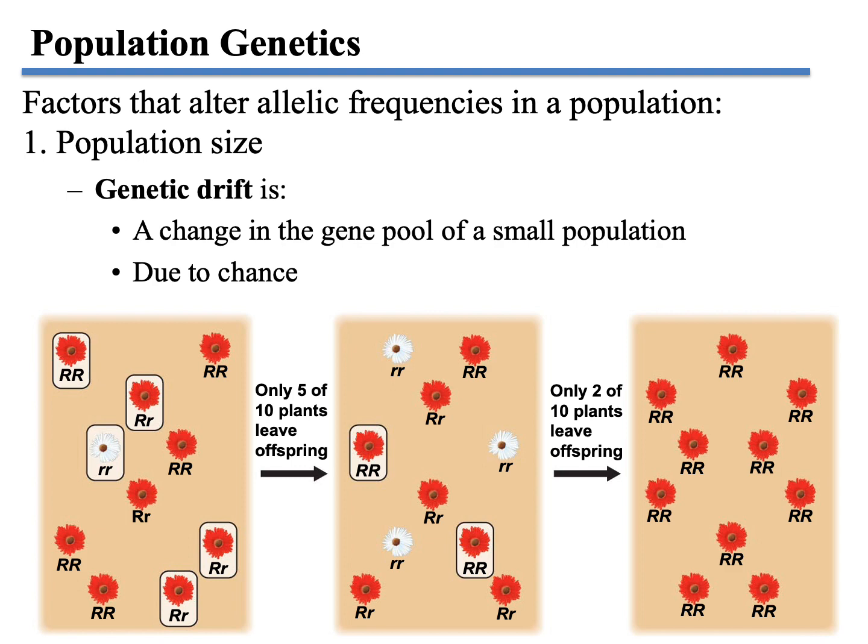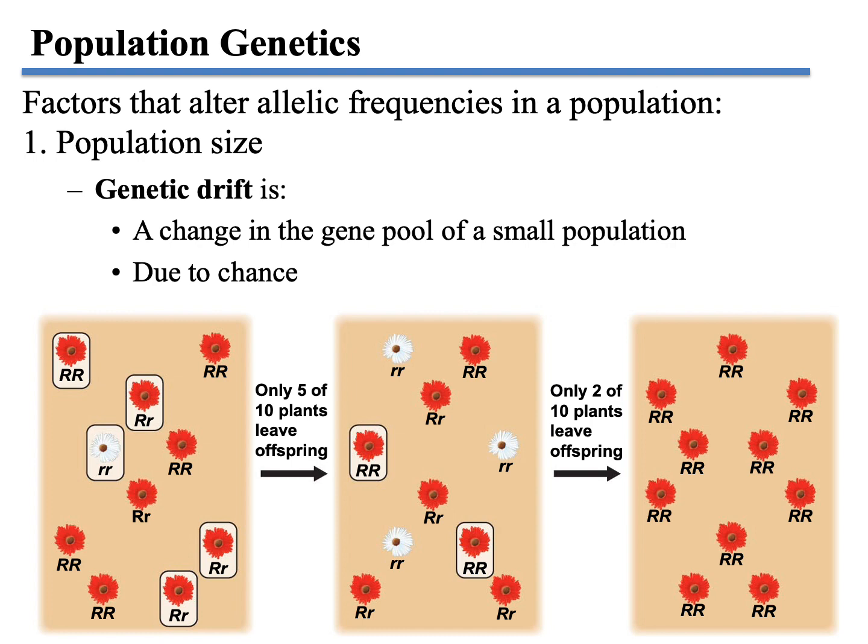In this example, we are again looking at a wildflower population with red and white flowers in the far left of the slide. If only 5 of those plants continue on to produce offspring in the next generation, we see some altered patterns that might occur.